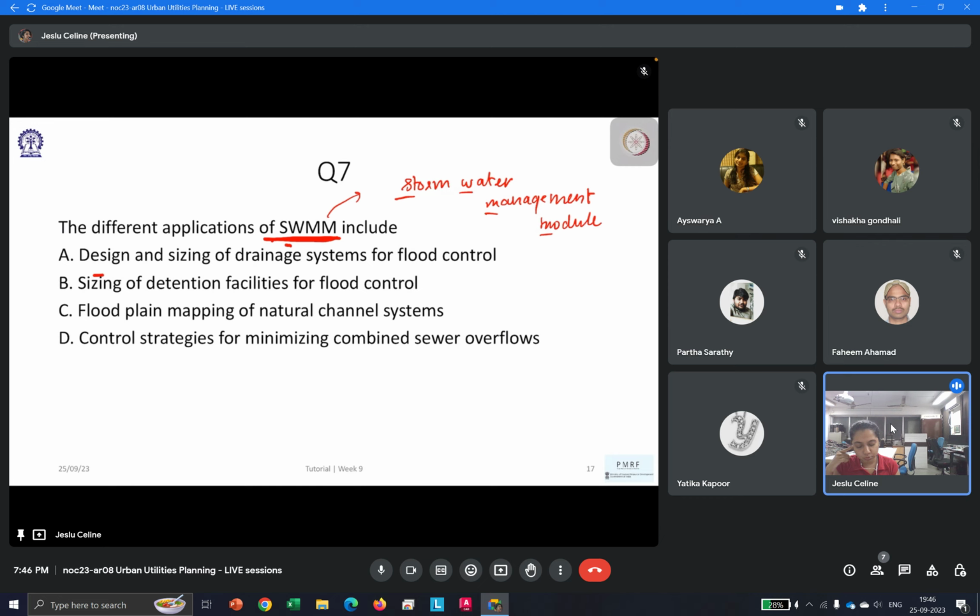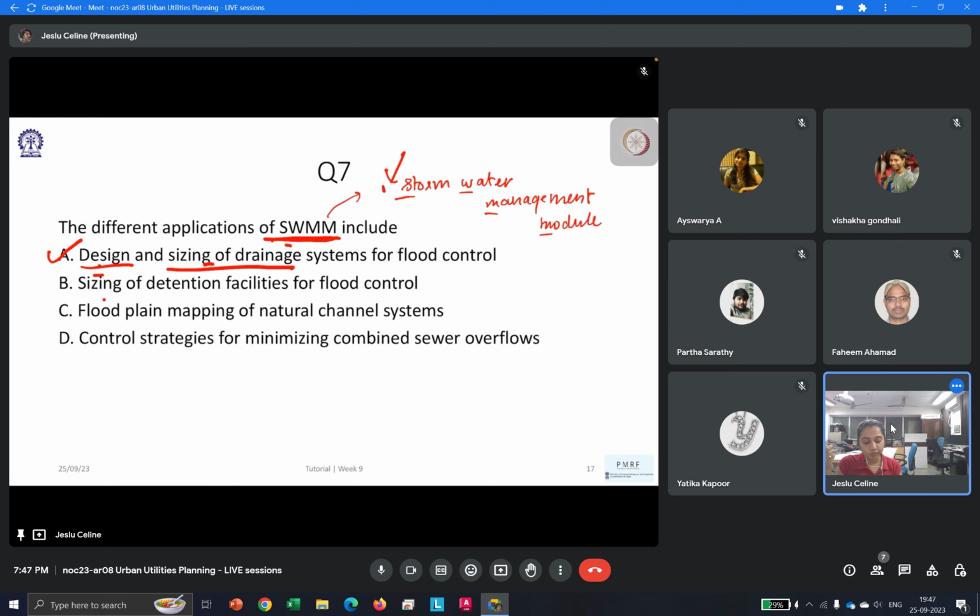So let's go. First one, design and sizing of drainage system for flood control. Is that an application of the stormwater management module? Yes. Why? Because the whole idea is that you manage your stormwater. To manage stormwater, designing and sizing of drainage is an important factor, and this module also allows you to do this. So this one is a part of it.